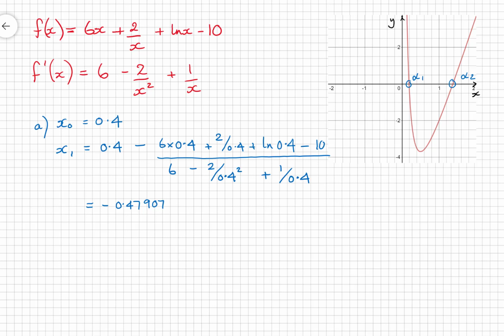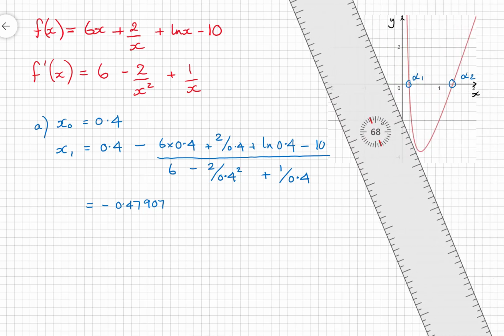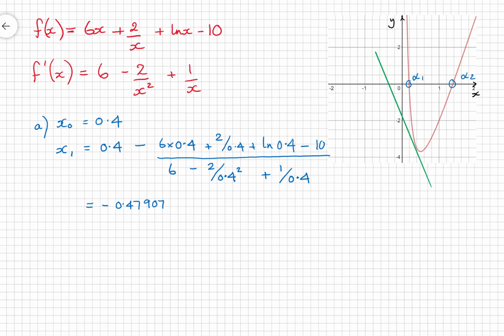Well, if you now look at the graph, you can perhaps see what's going on. If we draw the tangent roughly where 0.4 is, we end up with a value x1 which is to the left of the y-axis. Well, the y-axis for this curve is an asymptote, and there is no part of the graph on that side of the y-axis, and so we can't proceed any further.